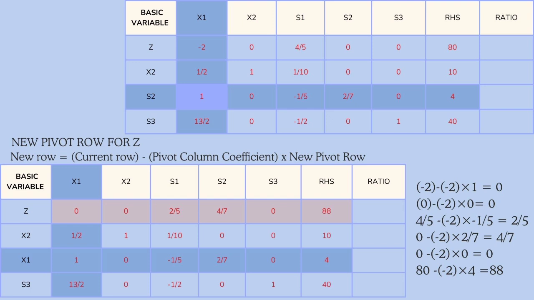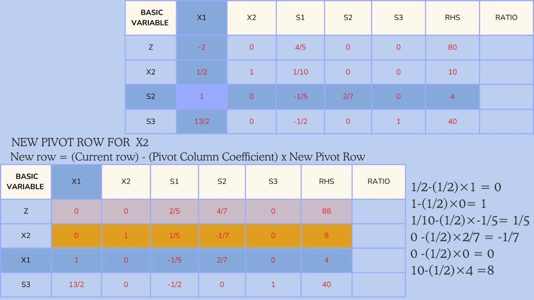Then, next is yung x sub 2. So, ganun ulit, paulit-ulit lang yung procedures. Hanapin ulit natin yung current row, pivot column coefficient, and yung new pivot row. Ang current row is yung row lang nung x sub 2, which is yung 1/2, 1, 1/10, 0, 0, 10.